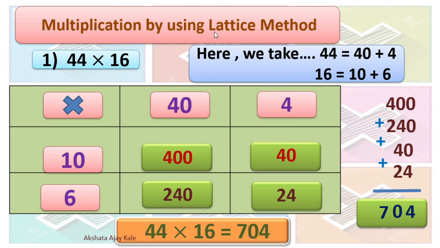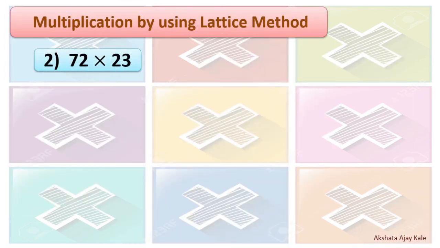This is called lattice method. Okay? One more. 72 multiplied by 23. Yes. What to do now? Very good. We have to write the expanded form of 72 and 23.